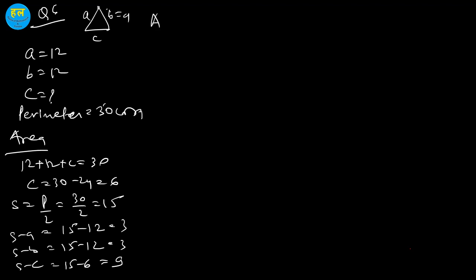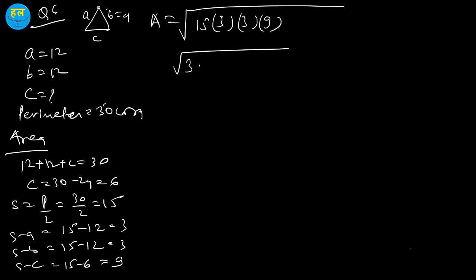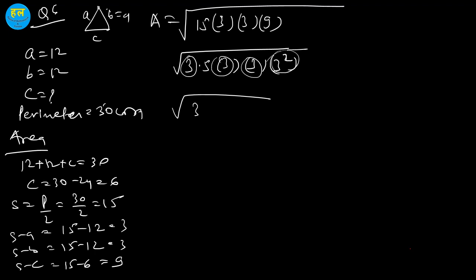We have to find the area of the triangle. We put it in Heron's formula. S is 15 into 3 into 3 into 9. The root of 3 into 5, 3, 3 into 3 square. We get here 3 to the power 5 and 5.